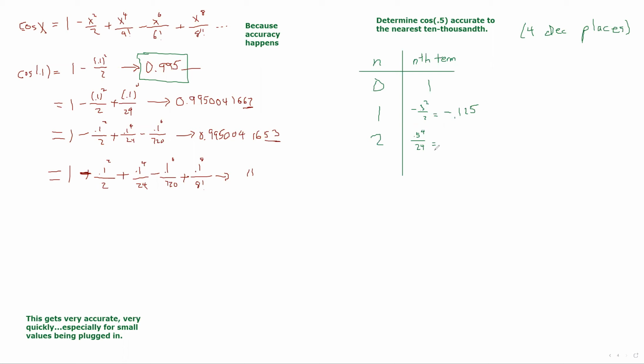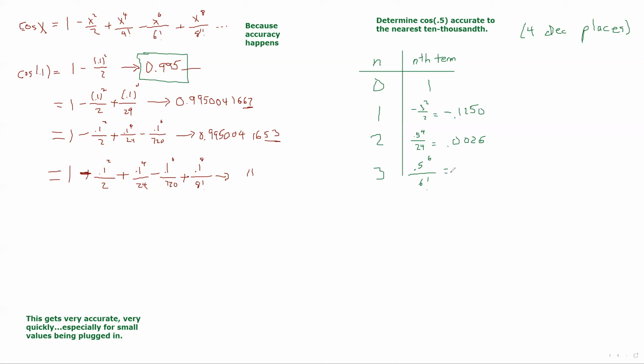0.5 to the 4th divided by 24 is 0.0026. Okay, that's to 4 decimal places. And the next digit is a 0, incidentally. So we're not accurate yet. Let's do 0.5 to the 6th over 6 factorial.